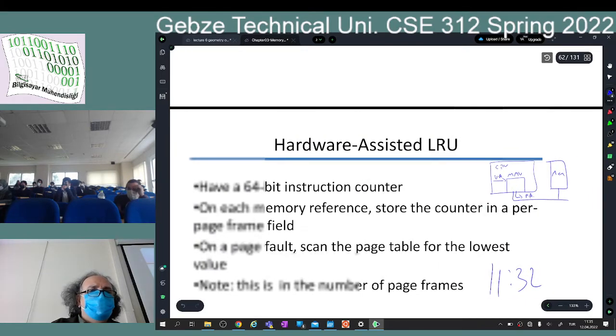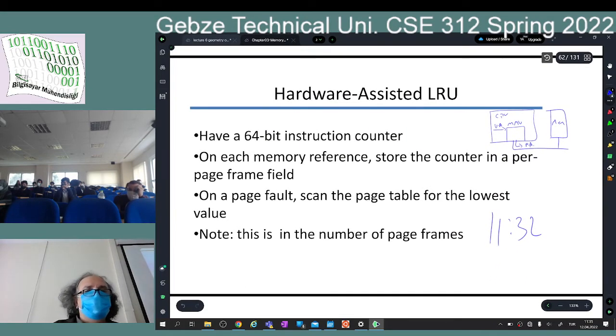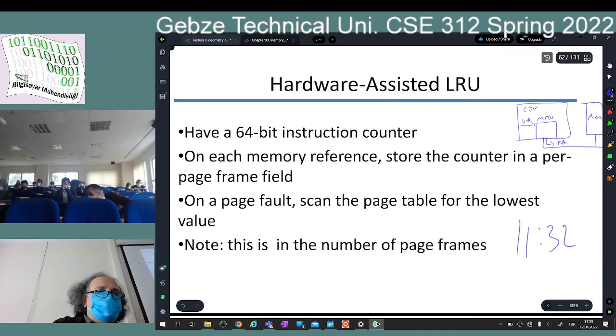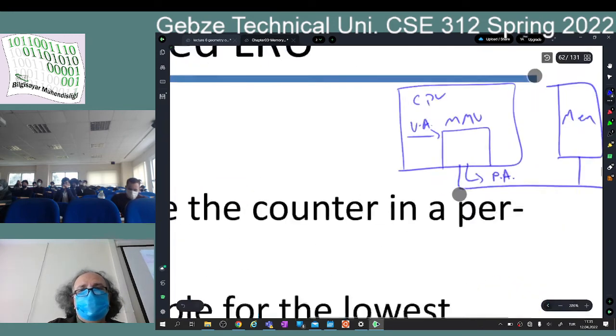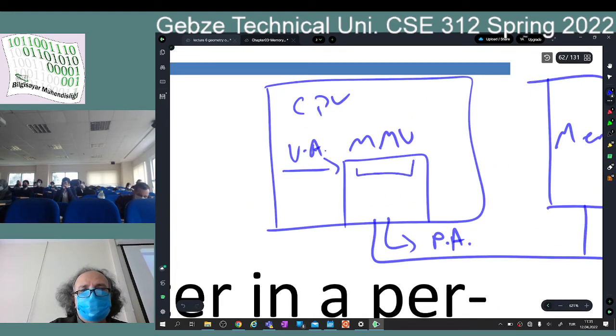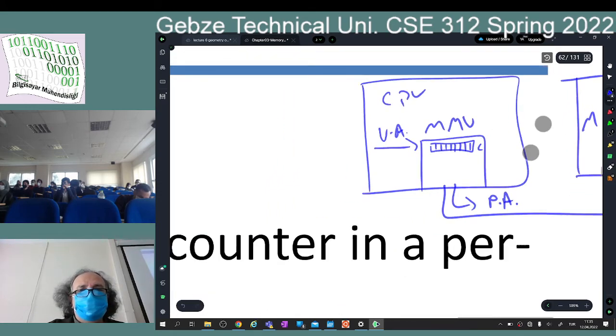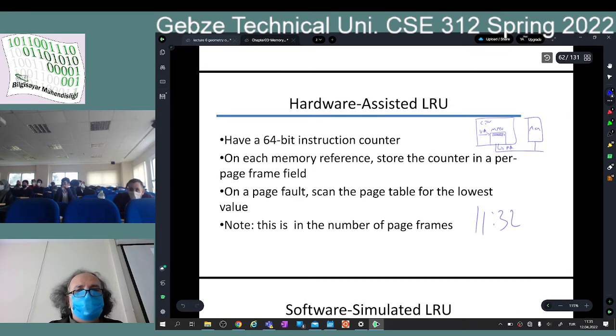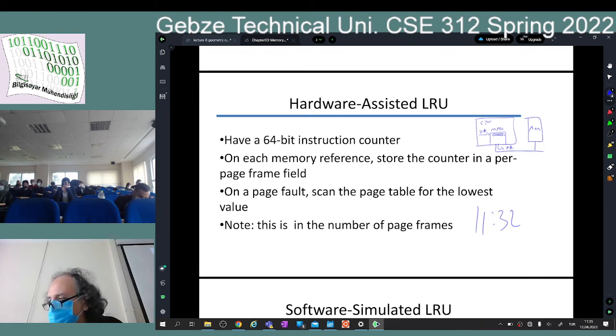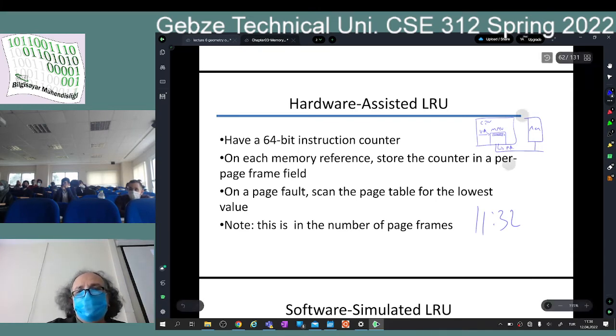So why don't we modify our MMU in a way that it keeps a 64-bit instruction counter. Inside the MMU there is a 64-bit counter. That's one addition. On each memory reference, I store the counter in my page table.